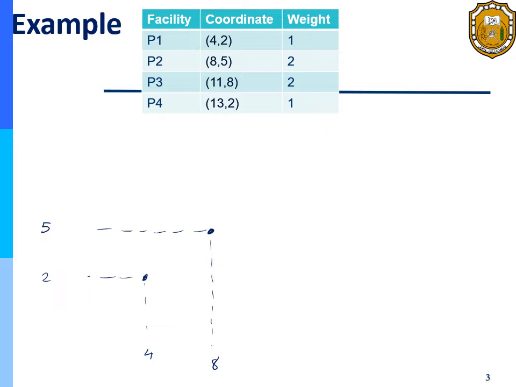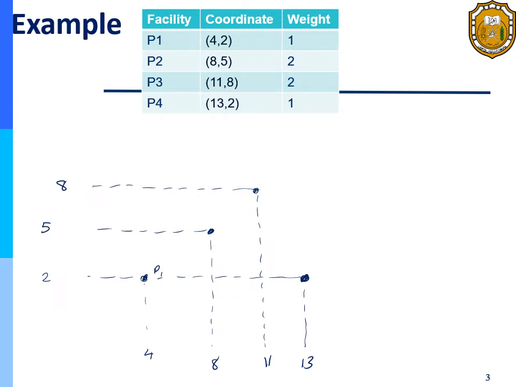So 11 and 8 maybe somewhere here. This is 11 and this is 8, and next one is 13 and 2. So 13 will be here and 2 will be here, and this is P4. Okay, so we have these 4 facilities.